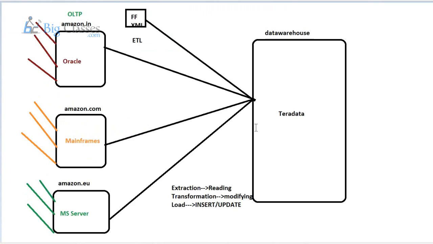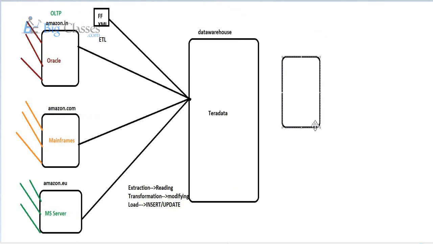Okay. Now let's understand what the job of an ETL tester is. Before that, once we load the data into the data warehouse, what is the use? How do we verify or analyze the data? Analysis of data can be done with the help of business intelligence tools.